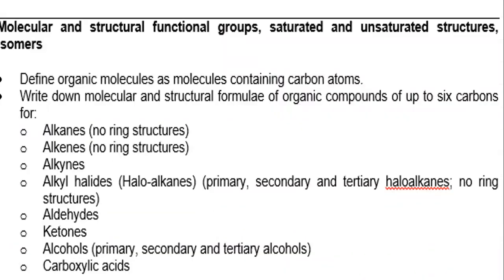Now, this is basically the same overview that I gave you yesterday. Yesterday we dealt with alkanes, and now we will be dealing with alkenes as well as alkynes in this particular lesson. We will be doing that throughout the week until we also deal with haloalkanes, aldehydes, ketones, alcohols, as well as carboxylic acids.